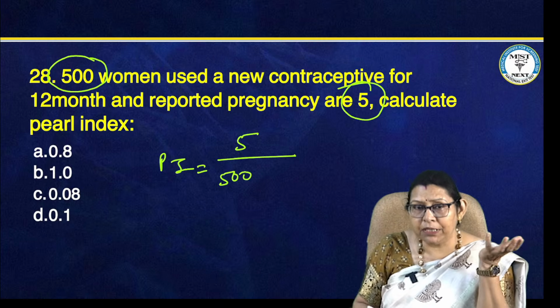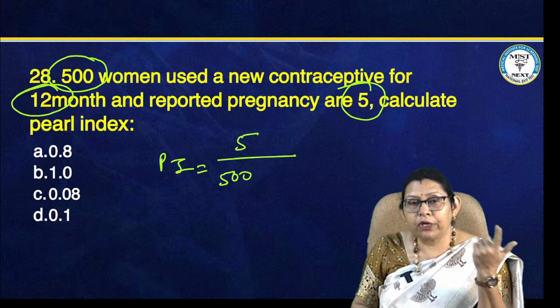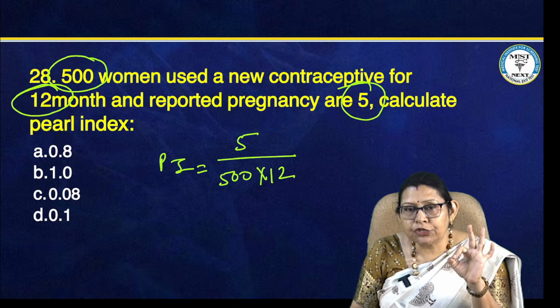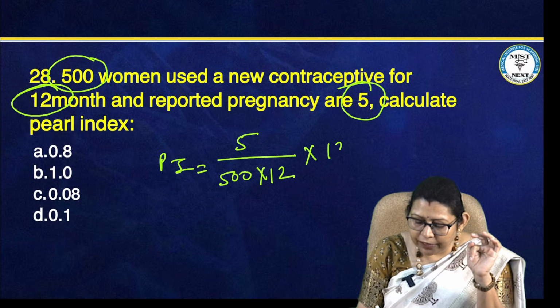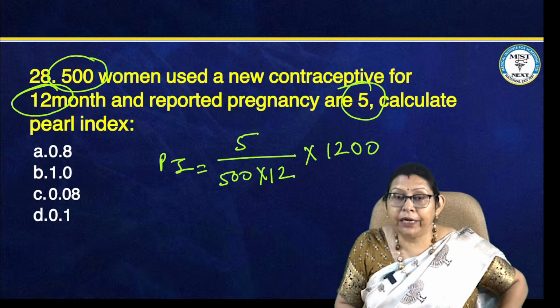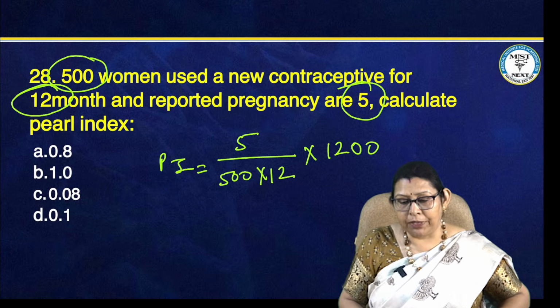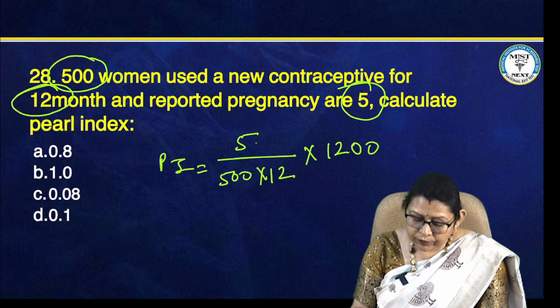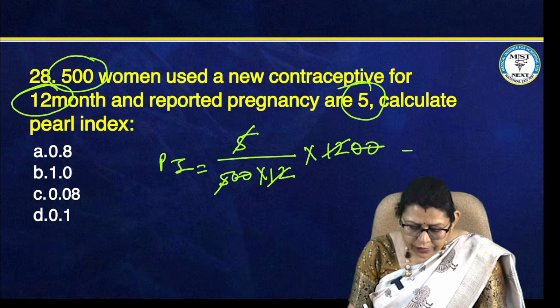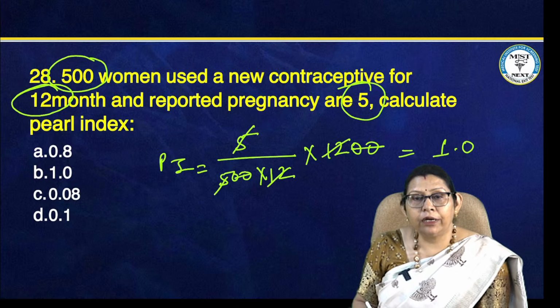Directly they had given me the months. If it was years, then I would have to convert into months. So directly they had given me months. Here the catch is, your multiplying factor is 1200, because Pearl index is per 100 woman-years or per 1200 months of exposure. So this is 0 gone, 5 gone, 12 gone. So it is 1, your Pearl index.